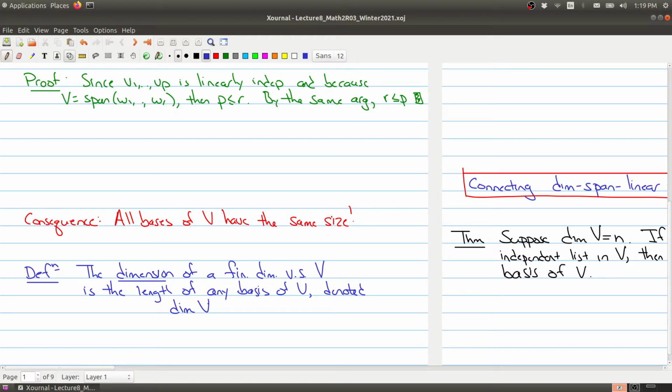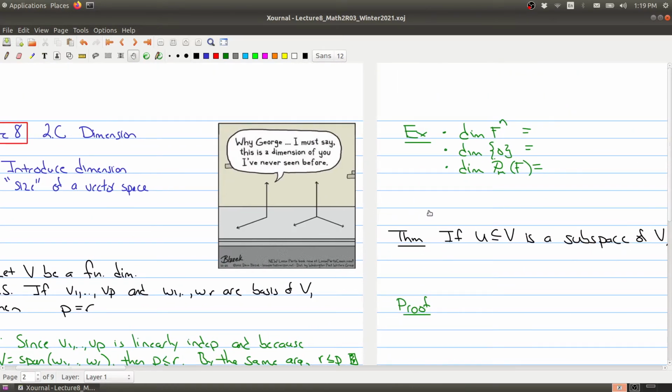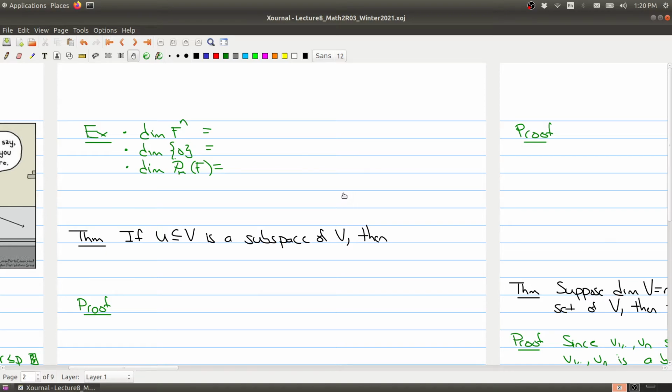The previous theorem says that once you find a basis, all bases will have the same length. Because of that, and because we've computed bases for some vector spaces, we can compute the dimension of some vector spaces we've seen in this course so far. The dimension of Fn is going to be n, because we know there's at least one basis with n elements.